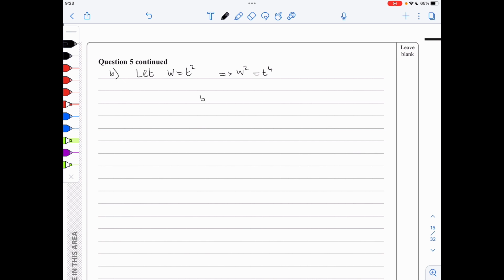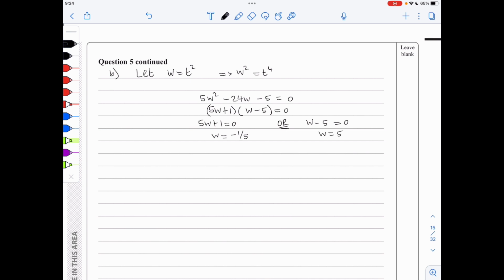So we've got 5w squared minus 24w minus 5 is 0, which factorizes into 5w plus 1 times w minus 5. So we get that 5w plus 1 is 0, or w minus 5 is 0, which means that w is minus a fifth, or w is 5.